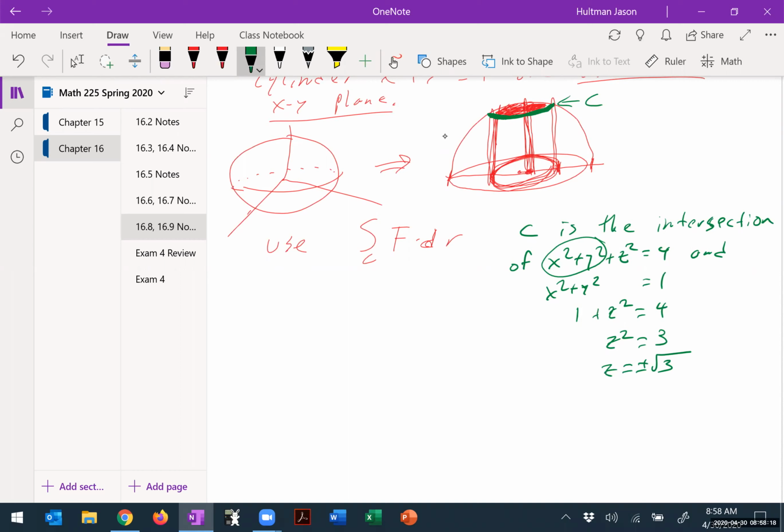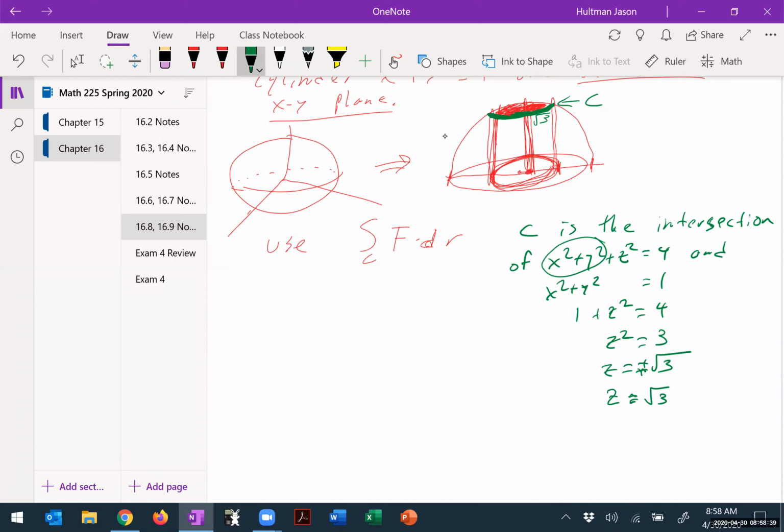But aren't we above the xy plane? So we can eliminate that minus, and so z is equal to radical 3. That's where we are. We're up here at radical 3.